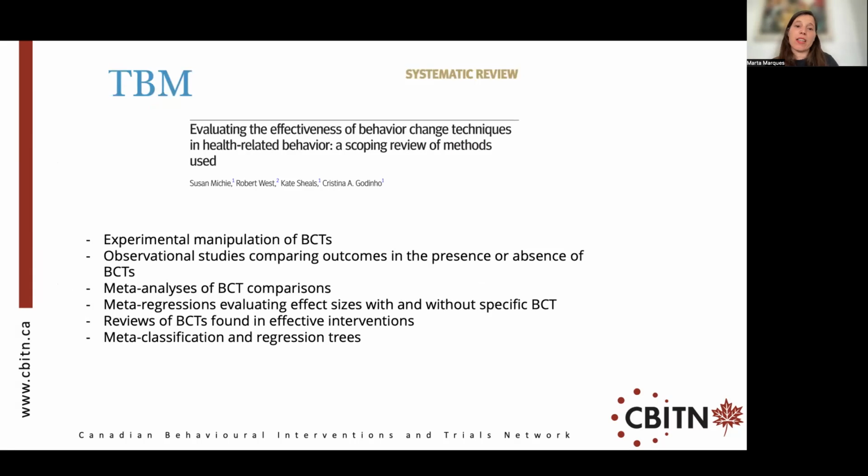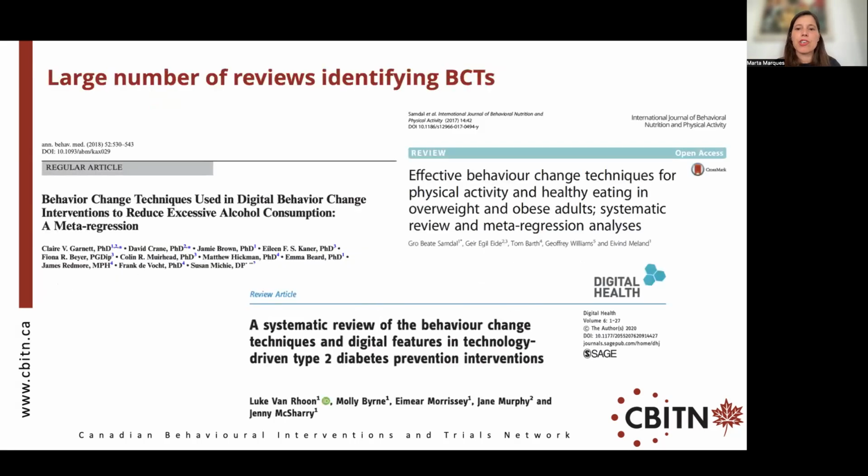So if you talk about identifying evidence-based behavior change techniques, there are different ways in which this has been done. There's experimental manipulation of behavior change techniques, people using observational studies, meta-analysis, meta-regression, other types of reviews. So there are plenty of different methodological approaches to identify BCTs, and a lot of papers published with that information.